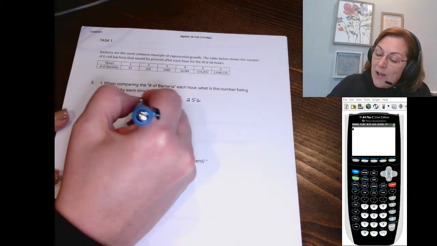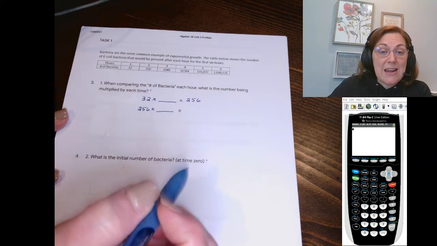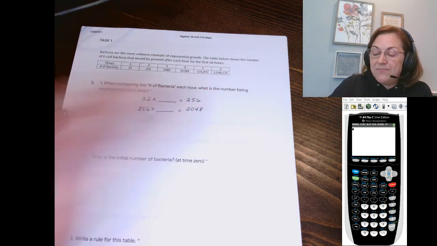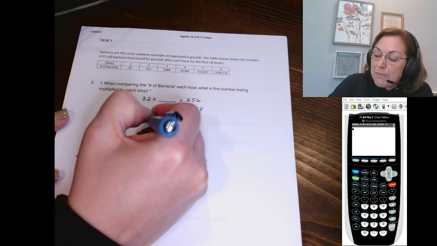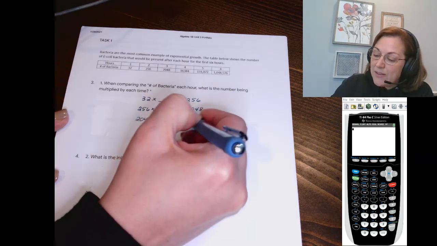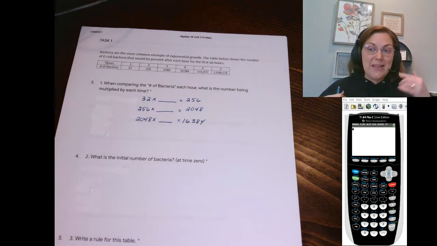Now, we also would take 256 then, multiply by the same number, and get 2048. And we would take 2048, multiply by some number, and get 16,384.